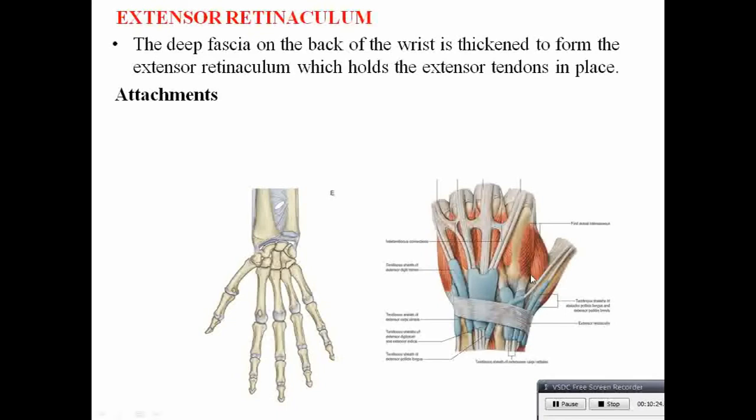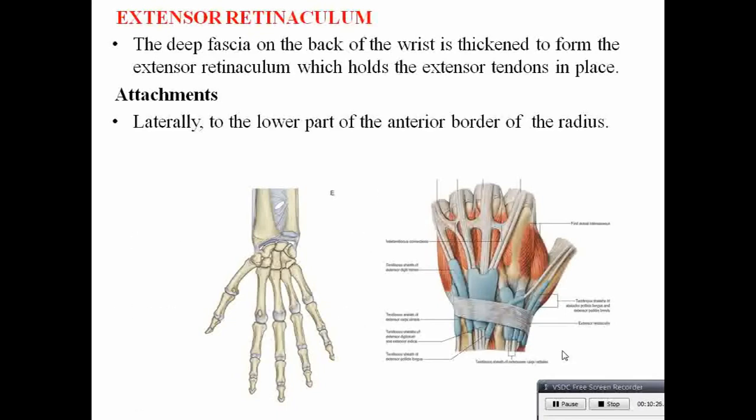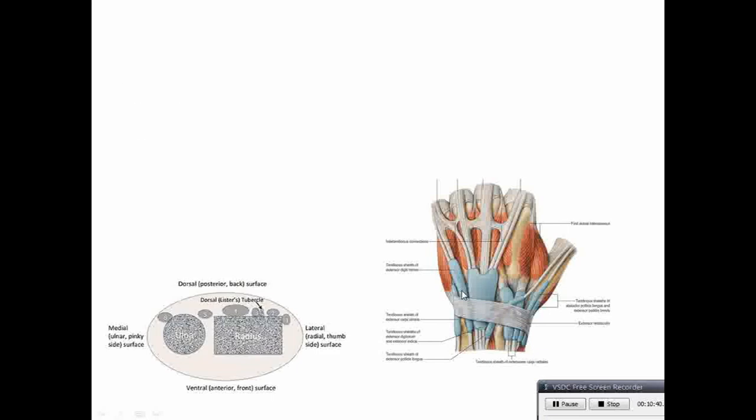Attachments. Laterally it is attached to the lower part of the anterior border of radius. Medially it is attached to some of the carpal bones like triquetral and pisiform bones. Now the retinaculum forms 6 osteofibrous compartments.